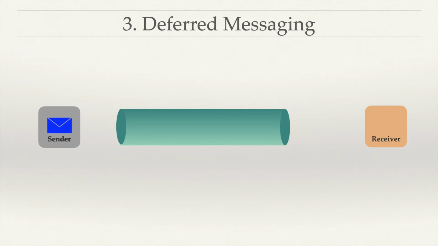Let's say that to process the message, the receiver needs some database record or some data entry to be available in the database, or some other data storage option which is not available, so the receiver is not able to process the message at that particular point of time.